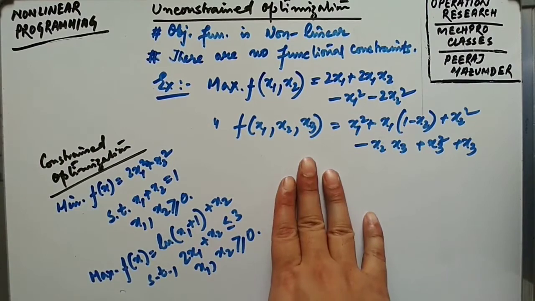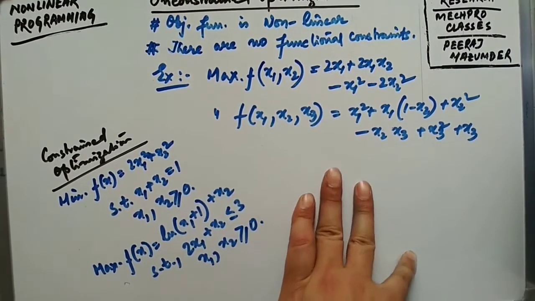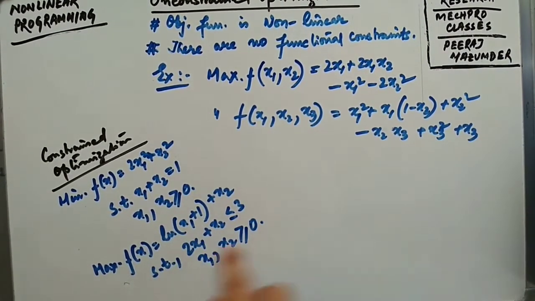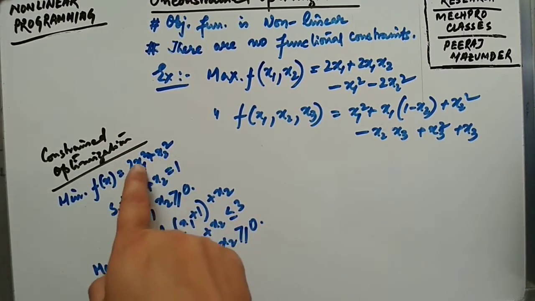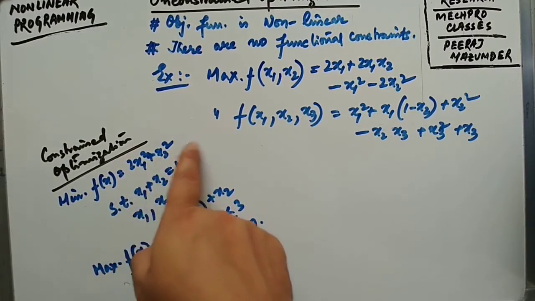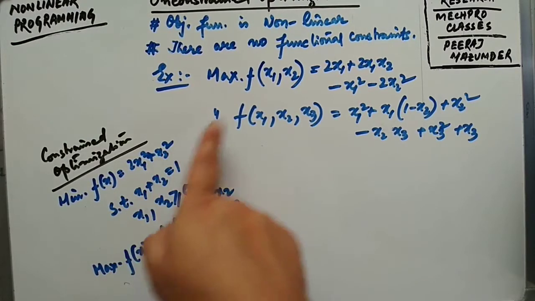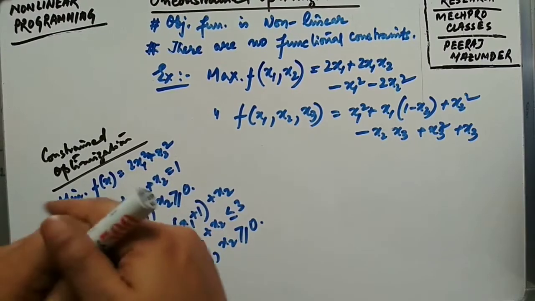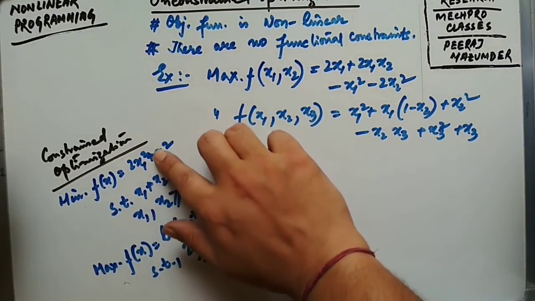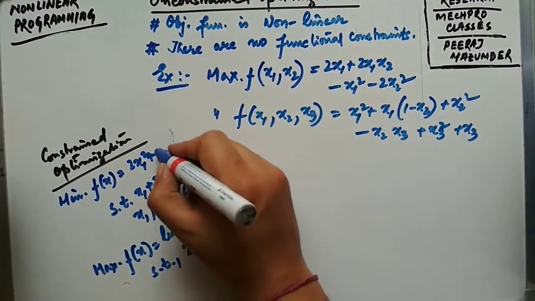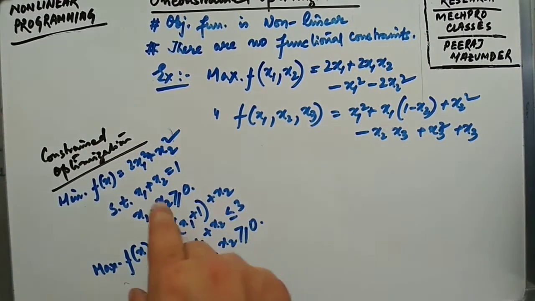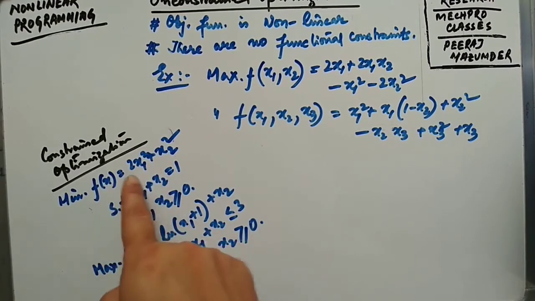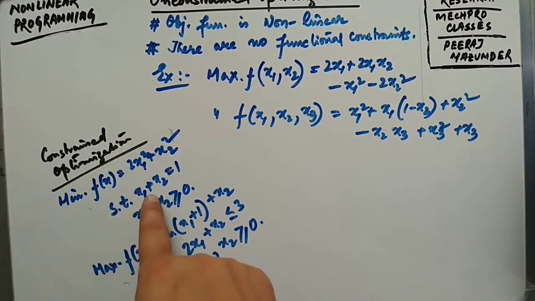Now coming to the constrained optimization type, we have some examples. This is a minimization of the function f(x), with square terms: 2x1 square plus x2 square, subject to x1 plus x2.